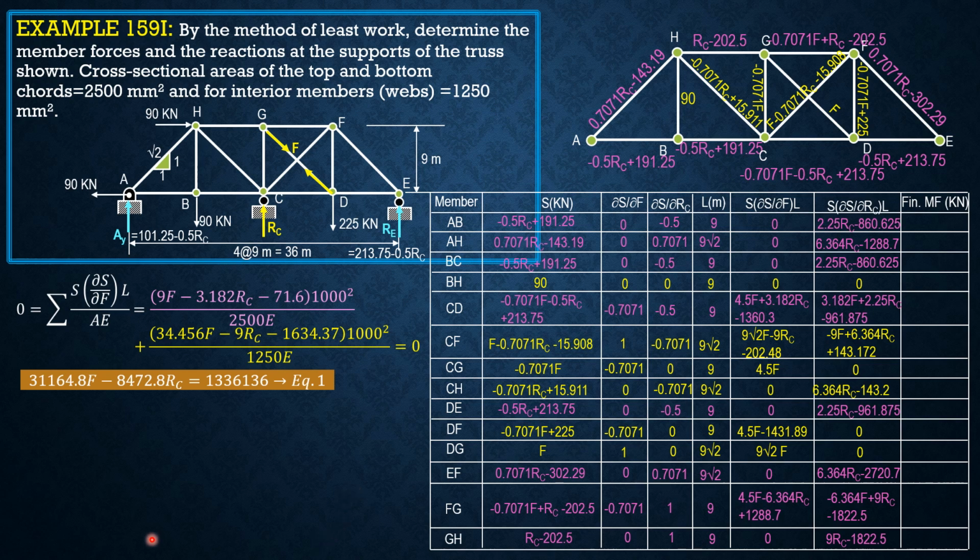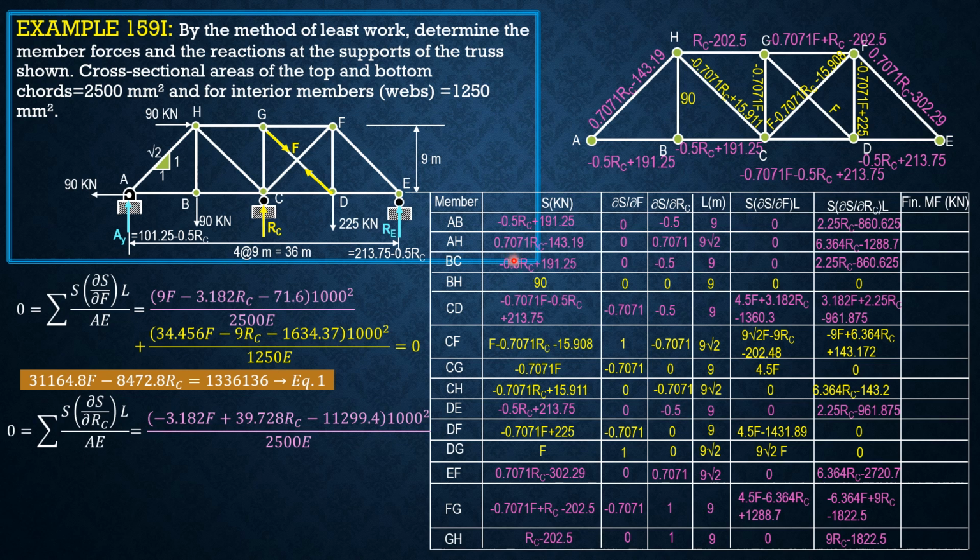Having found these values, we can now compute the final member force. You just substitute the values of RC and F if they are functions of RC and F. For instance, for AB, negative 0.5 of 205.428 plus 195.25. The final member force here is 88.536 kilonewtons for AB.